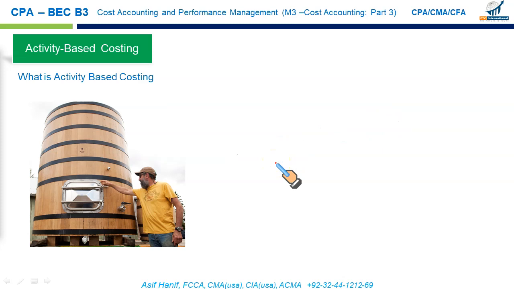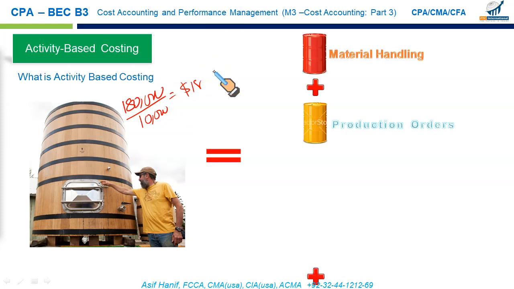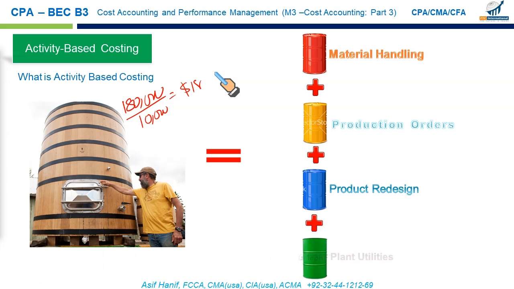So instead of just having a single jumbo cost pool like in the previous example of $180,000 and using a machine hour or labor hour or even the units of output as the allocation base, what we do, we split this jumbo cost pool into its constituent parts. We'll discuss all this in detail, called the cost pools: material handling, production orders, product redesign or plant utilities.